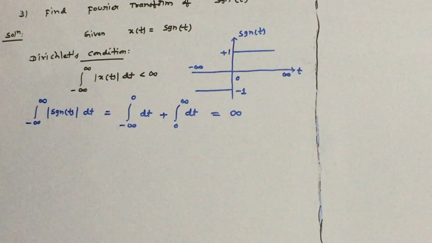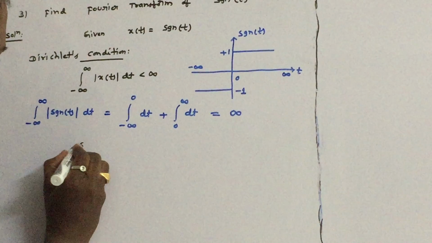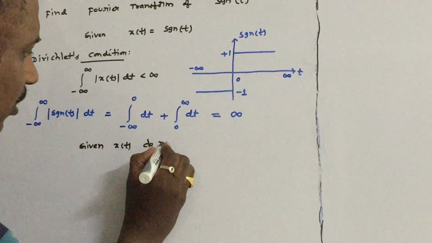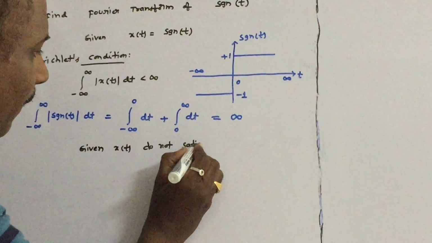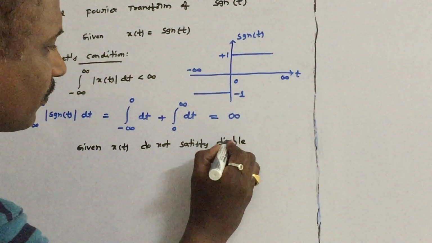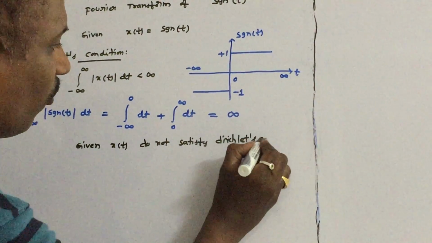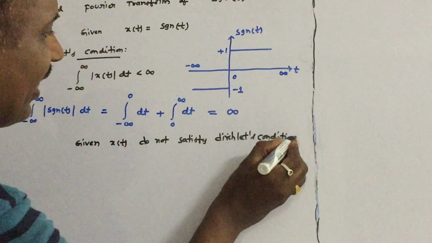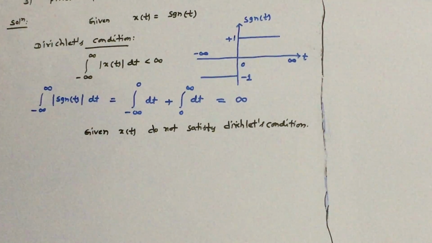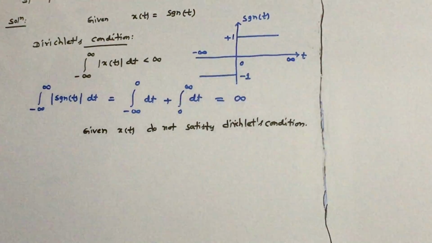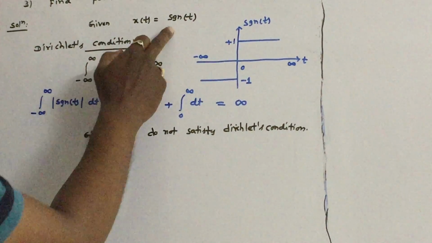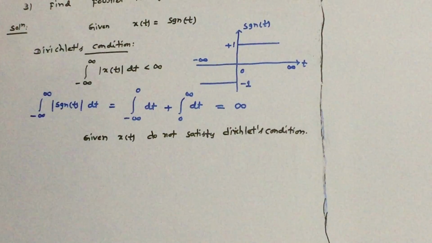Therefore, the given x of t does not satisfy the Dirichlet conditions. So to find the Fourier transform of signum of t, we proceed with an indirect method. Just like for constant amplitude we used the principle of duality, like that we use an indirect approach to find the Fourier transform of signum of t.